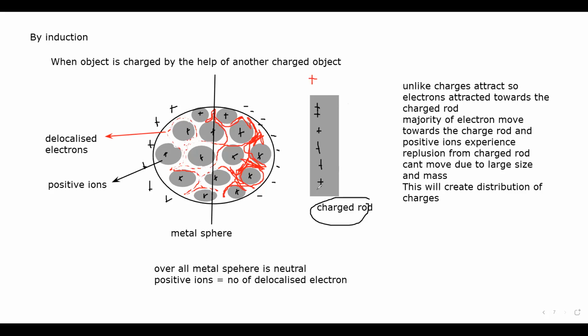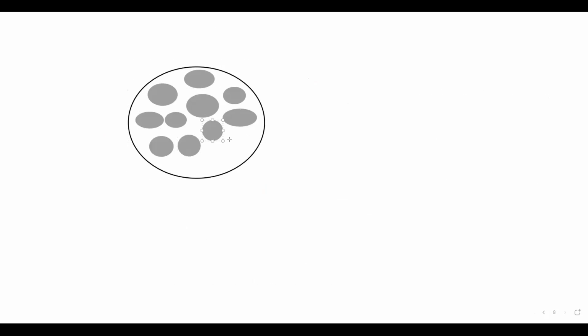But the moment I remove this charged rod, what happens? Again, it will be redistributed. So it only creates a distribution of the charges in the presence of the charged object. If the charged object is not there, then the distribution will be the same as before.